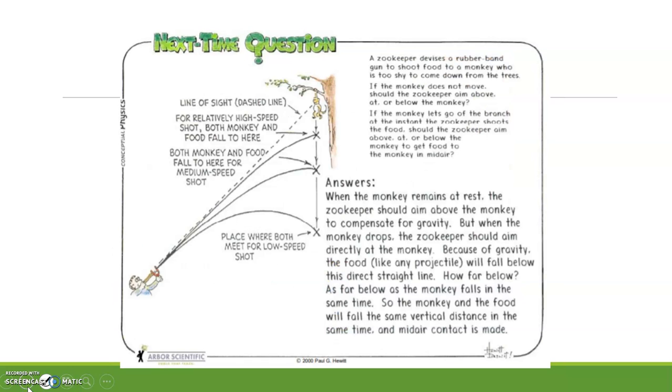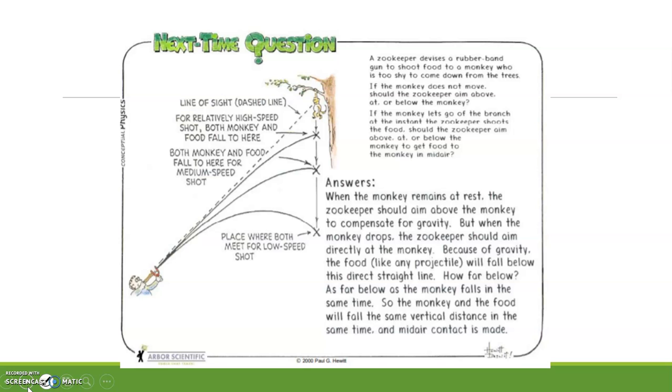Hopefully you came to the conclusion that as the monkey stays still, the zookeeper should aim above the monkey. That's because objects do not travel in diagonal lines noted by the dotted line on this diagram. The acceleration due to gravity pulls objects down as they fall.